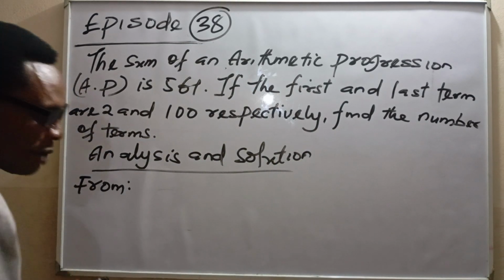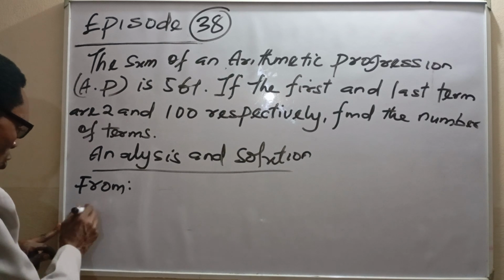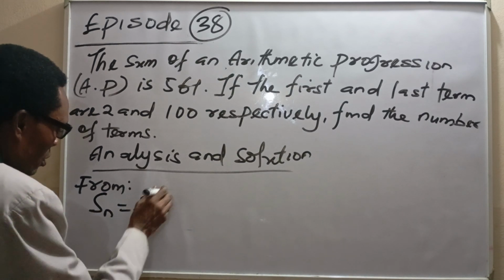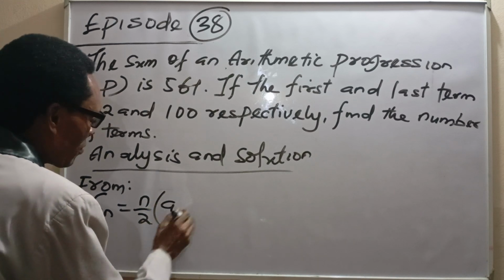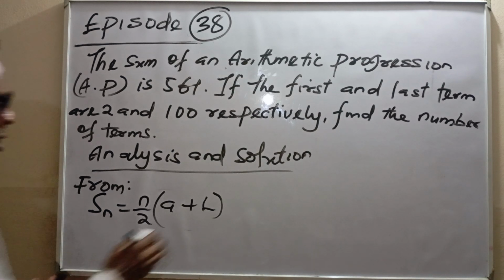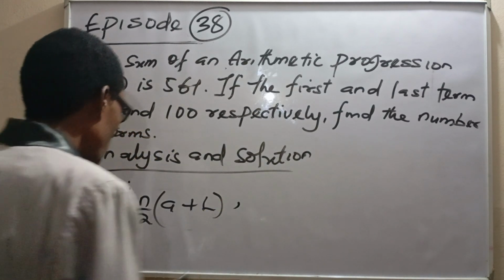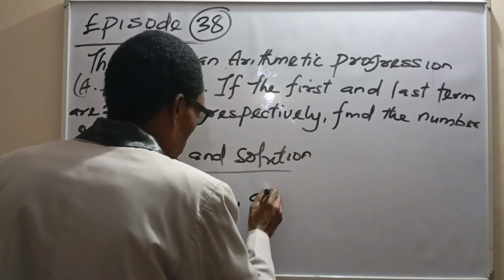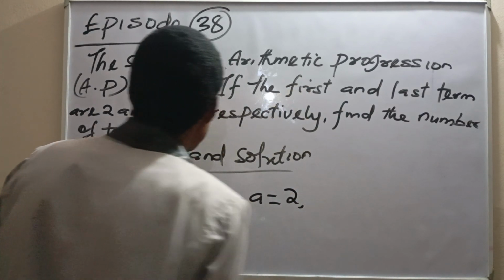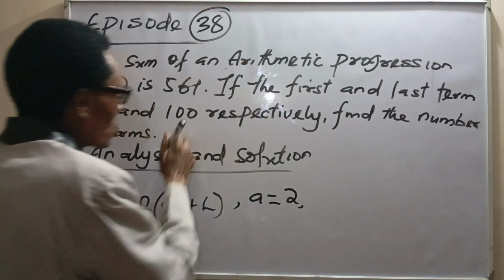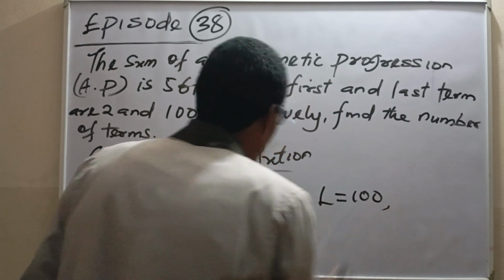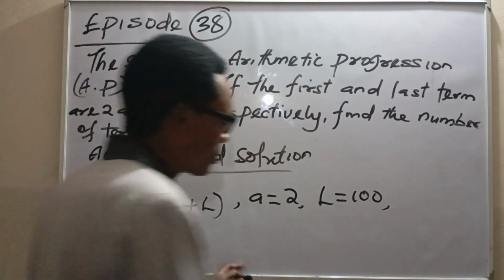The sum equals n over 2, open bracket, A, the first term, plus L, the last term. A is 2 and L is 100. Then we are asked to calculate n.